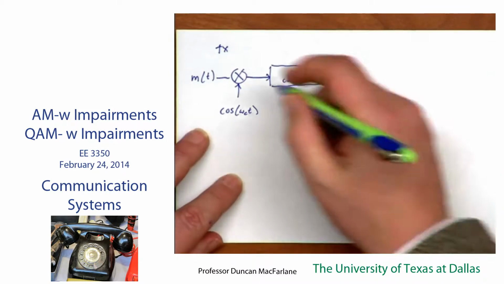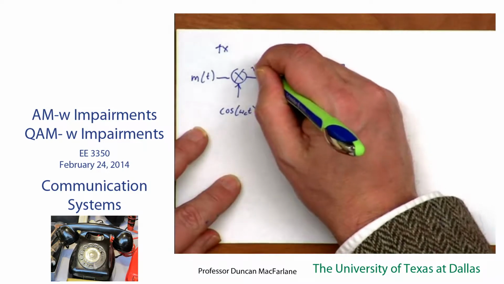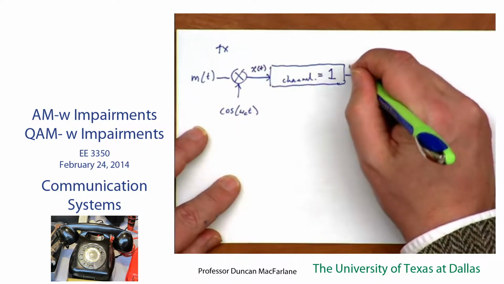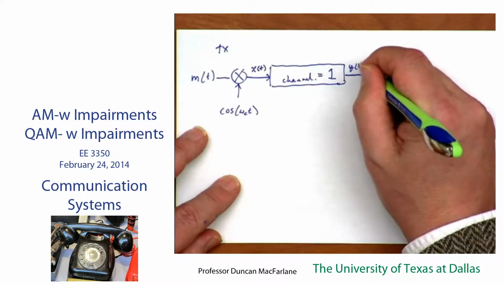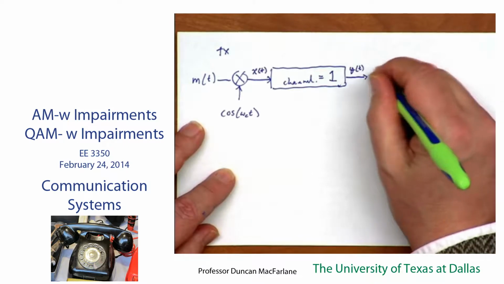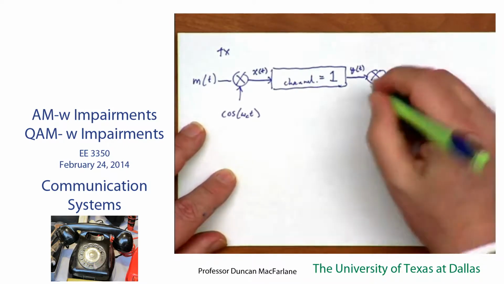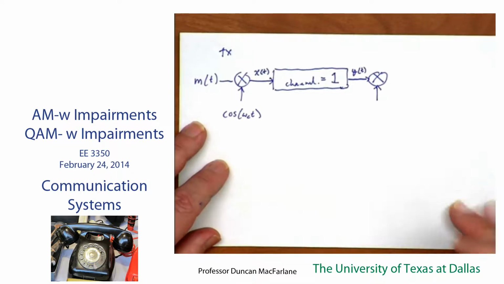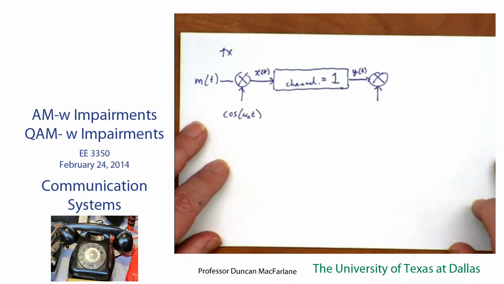I'm going to call this intermediate signal X of t. I'm going to call what comes out of the channel Y of t. Here's another mixer at the other end. That's a coherent demodulation.